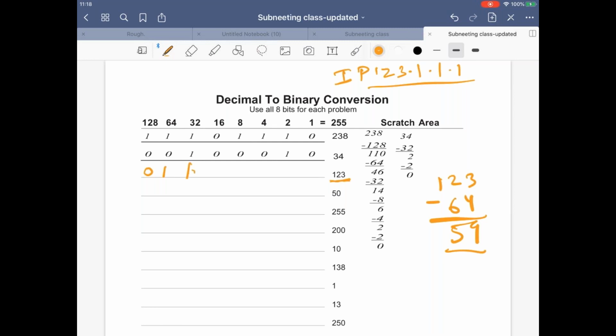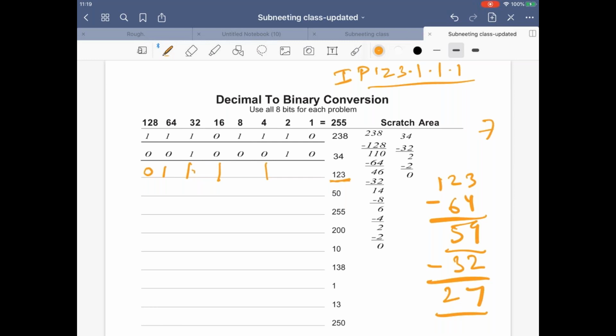If you put 1 here, then minus 32, how much? 27 we need. So for 27, if we do 16 plus 4, 20, and then we need 7. It will not come here. Something we have done wrong.